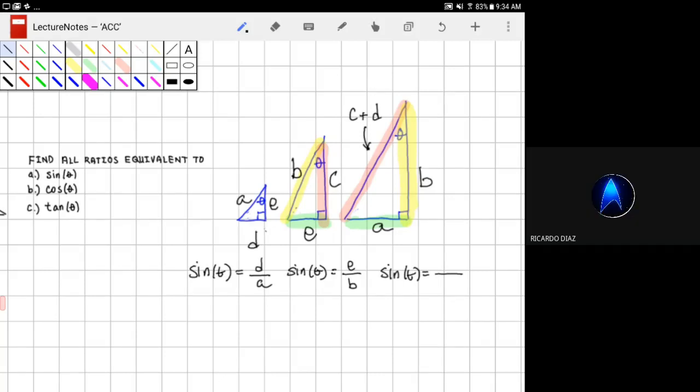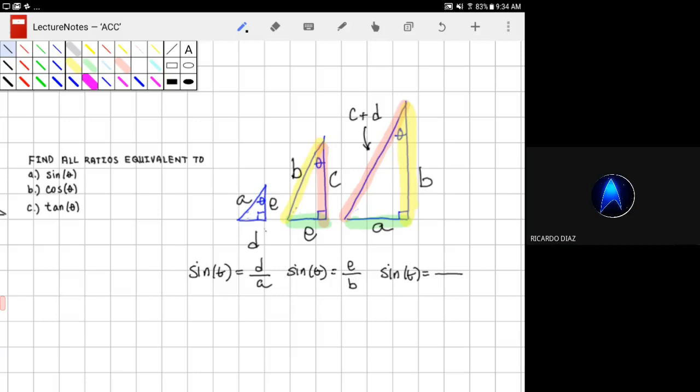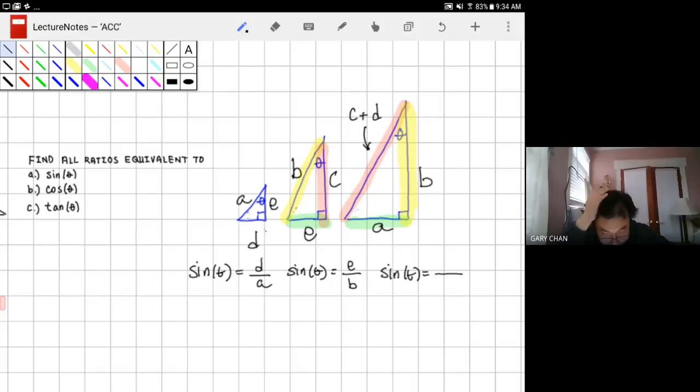The sine of theta equals E over B. It is, but that's the one for the middle. Now we're on the last one, the biggest triangle here. So it equals C plus E over A. The other way around. You got the right size, but it's the other way around. So it would be A over C plus D, right? Because A is the opposite side.